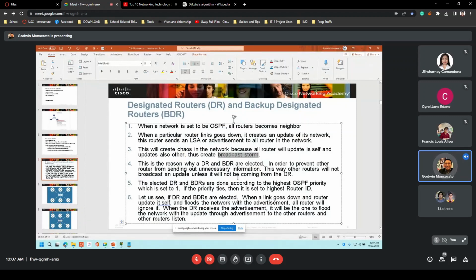But in the third layer, the layer of the routers, there is no spanning tree. Instead, they elect a DR and BDR, the designated router and the backup designated router. For what purpose? In order to prevent other routers from sending unnecessary information. This way, the other routers will not broadcast an update unless it comes from the DR.